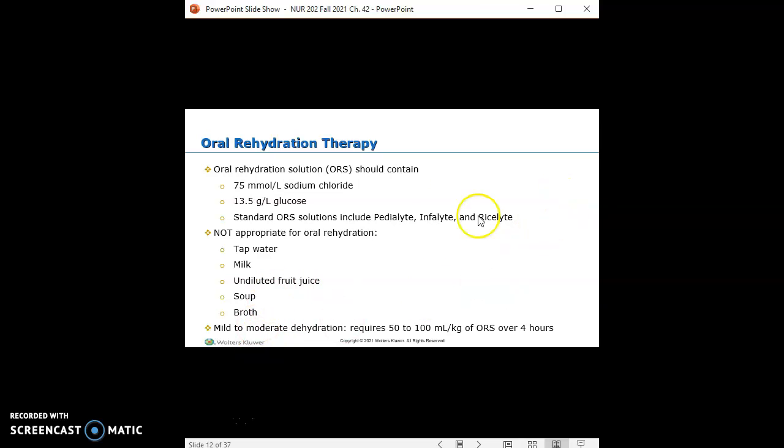You want to have something that has an appropriate amount of electrolytes in it. Oral hydration is typically ordered for mild to moderate dehydration, and you will try to get 50 to 100 milliliters per kilogram of the oral rehydration solution into the child over a 4-hour period of time.